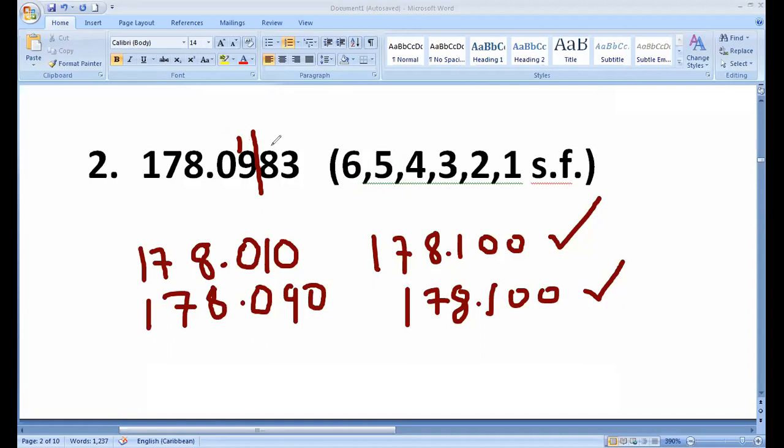Hold on, explain that part again. Tell us what happens when you add the 1 and the 9. Because the 8 is greater than 5, when you round it off, you add the 1.